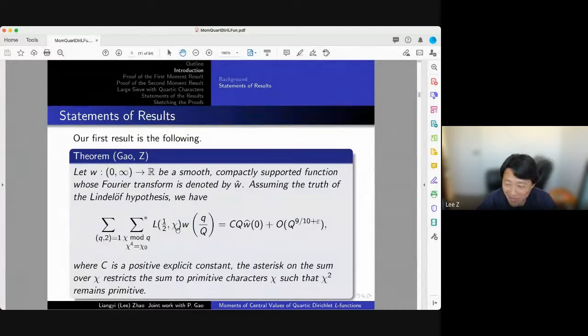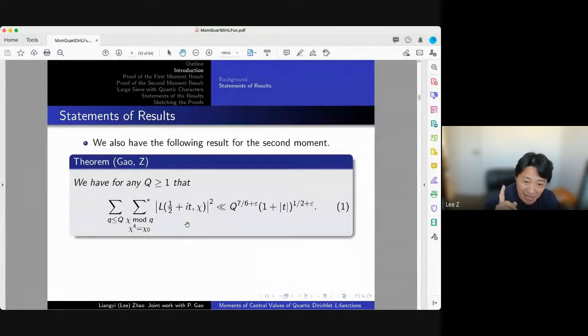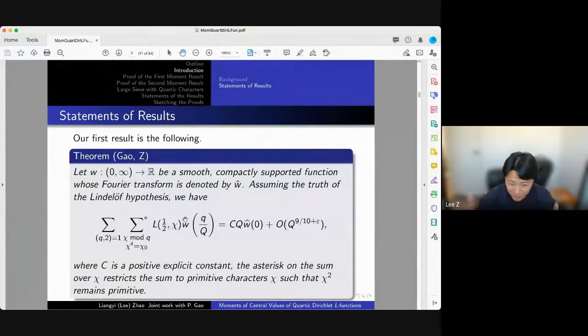And then I can just apply Cauchy's inequality to the left hand side here. So one factor in the Cauchy's inequality, I can just let it be 1, and on the other factor, I can just have |L(1/2, chi)| squared, and then I can just apply this second moment result as an upper bound, and the first moment result as a lower bound for the whole thing, and then I'll have a lower bound for the number of characters for which L(1/2, chi) is non-zero.